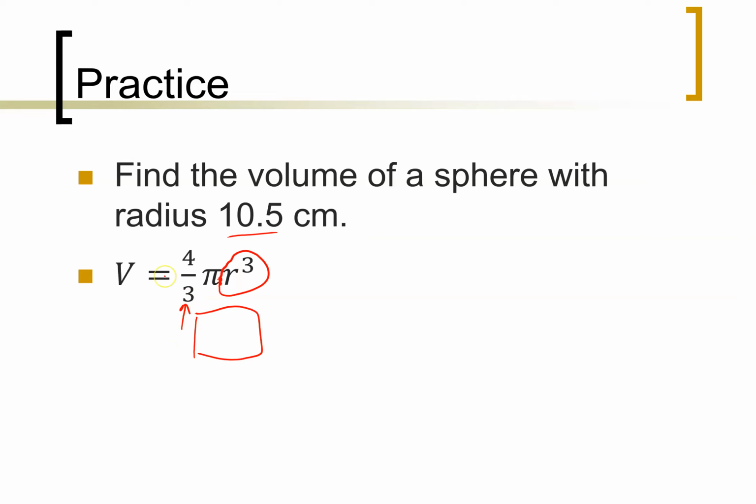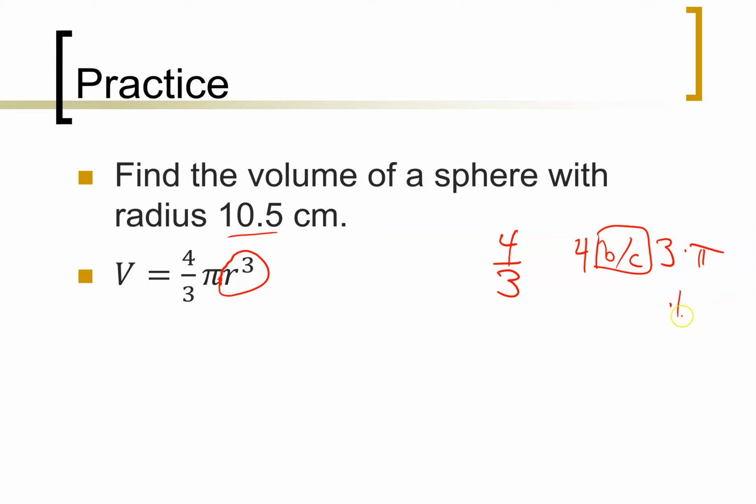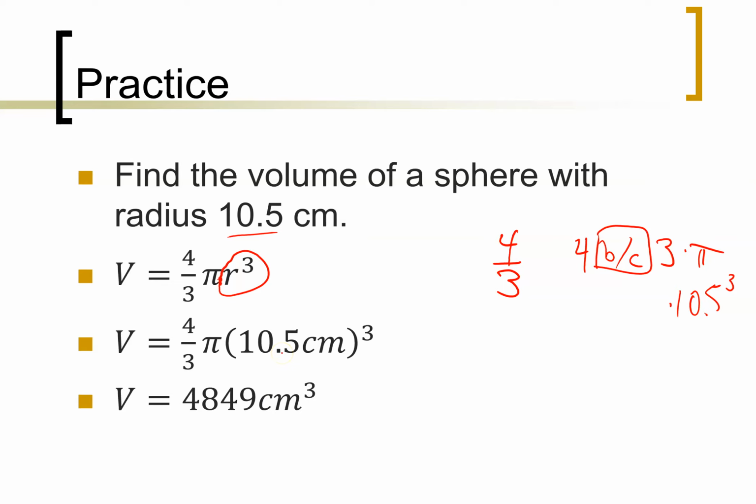On your calculator, 4 a b/c 3 is probably the best way. Find the pi button and multiply by 10.5 cubed. The answer is about 4,849 centimeters cubed.